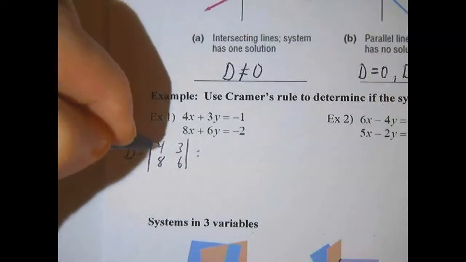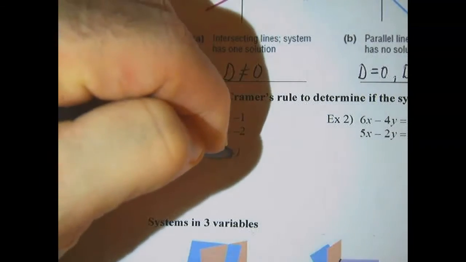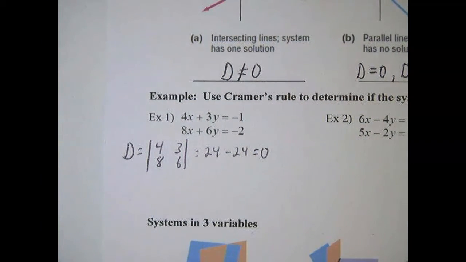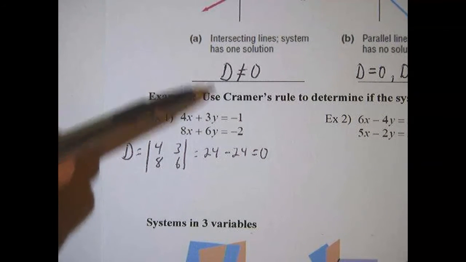This is 4 times 6, which is 24, minus 3 times 8, which is also 24, so that's 0. Right off the bat, we know we're not going to have a single solution because the determinant is 0.